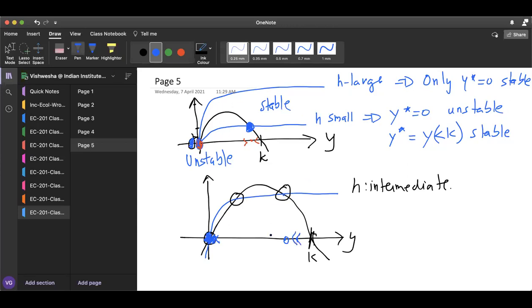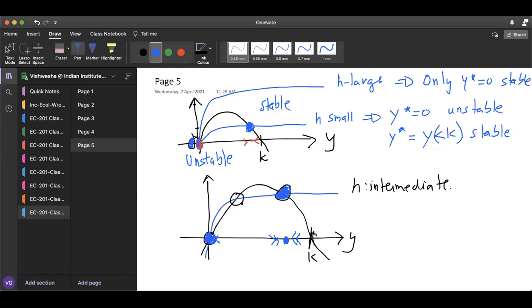On the other hand, if I make a perturbation to the left side, which means I remove a few individuals from this equilibrium, the logistic growth is more than the harvesting, right, in this regime. So therefore, this is also stable. I'm plotting stable with solid blue circles.